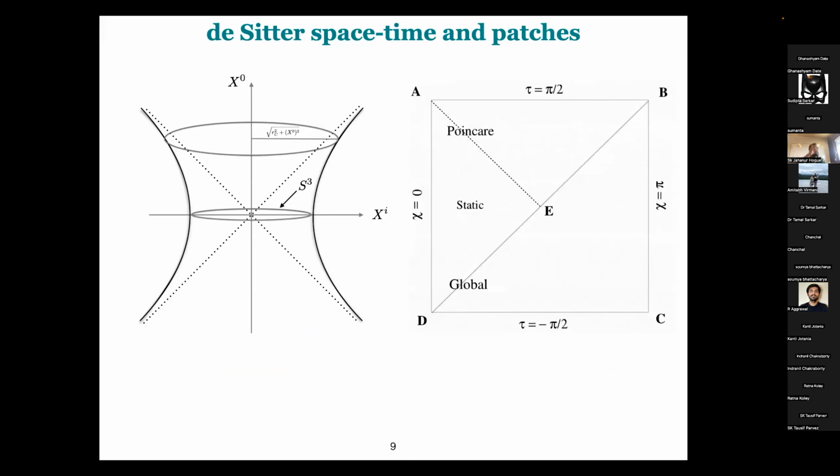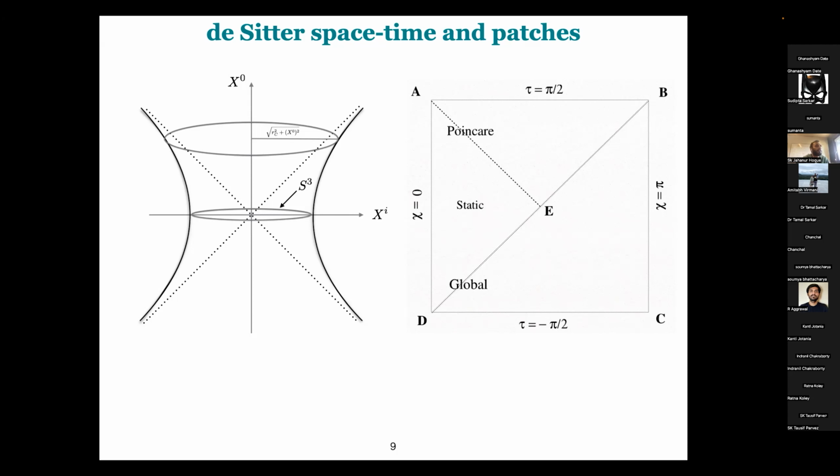De Sitter spacetime can be thought of as a hyperboloid embedded in a 5-dimensional Minkowski spacetime. The right hand side is a Penrose diagram of de Sitter spacetime. AB is the future null boundary, which is space-like, and it is topologically S3.